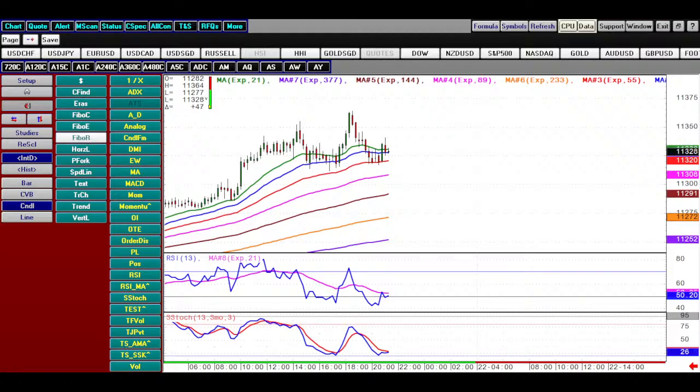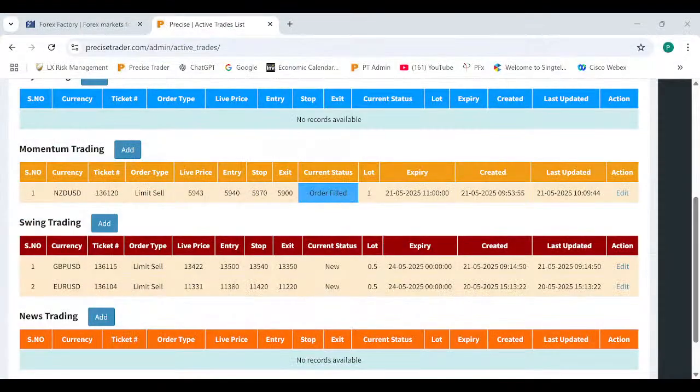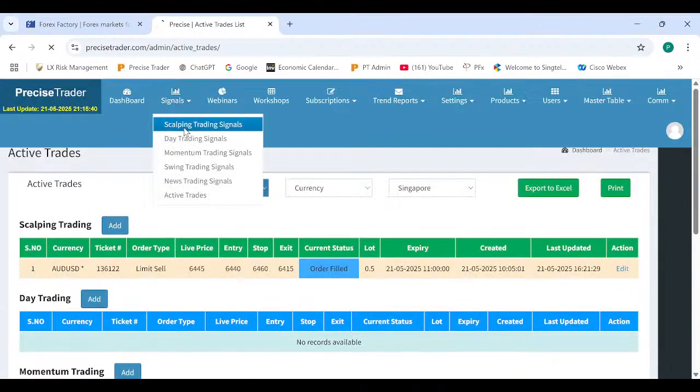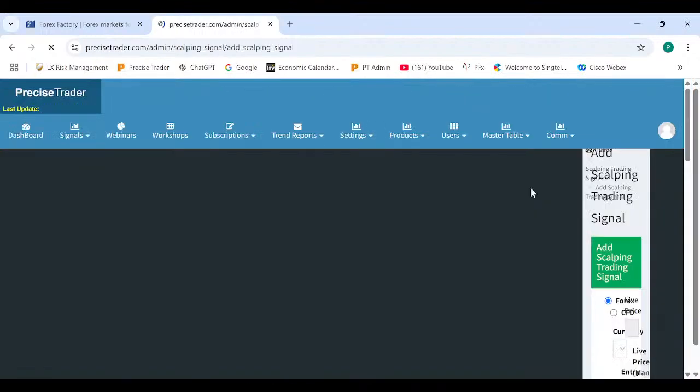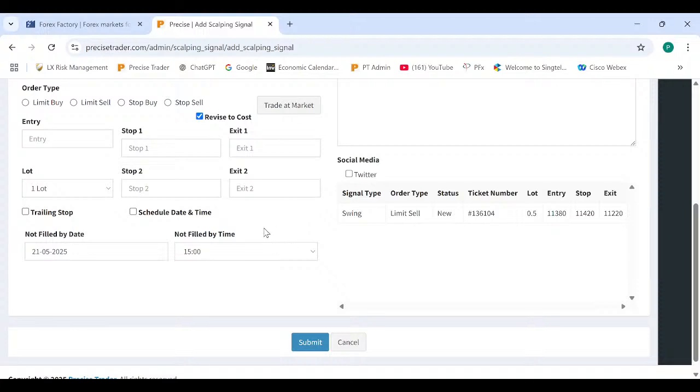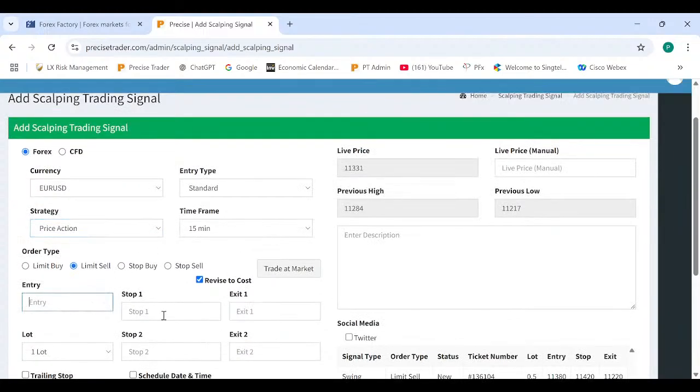Okay, so now we are going to go for a scalping trade, which is a half lot, and this is 11335.